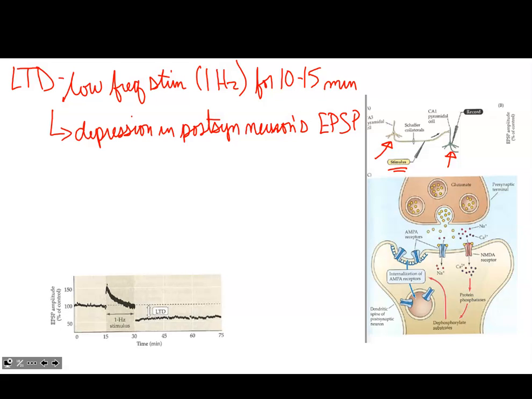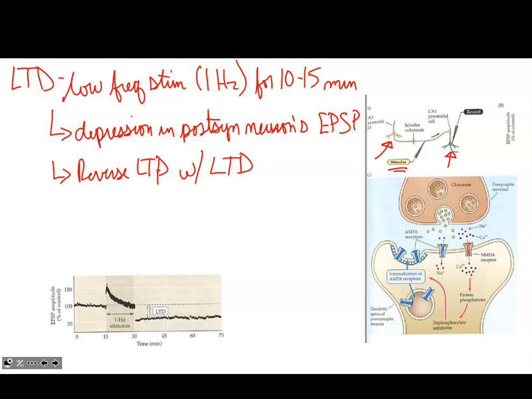It's interesting if you look at LTP and LTD together, we can reverse LTP with LTD and vice versa. So the magnitude that we gain in LTP is equal to the magnitude that we lose in LTD with respect to the EPSP.